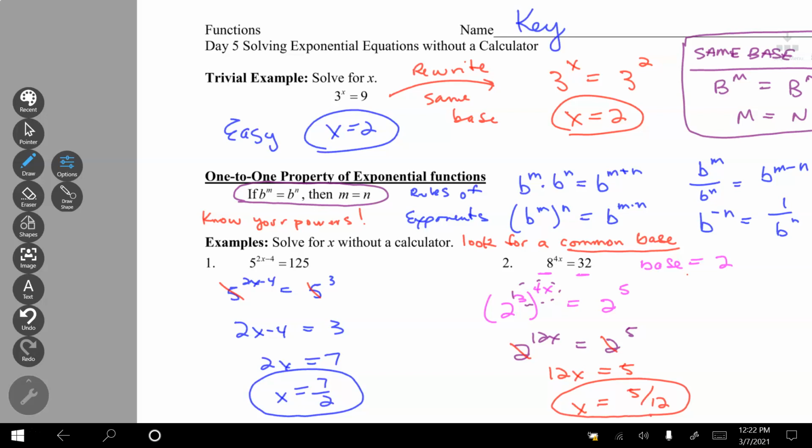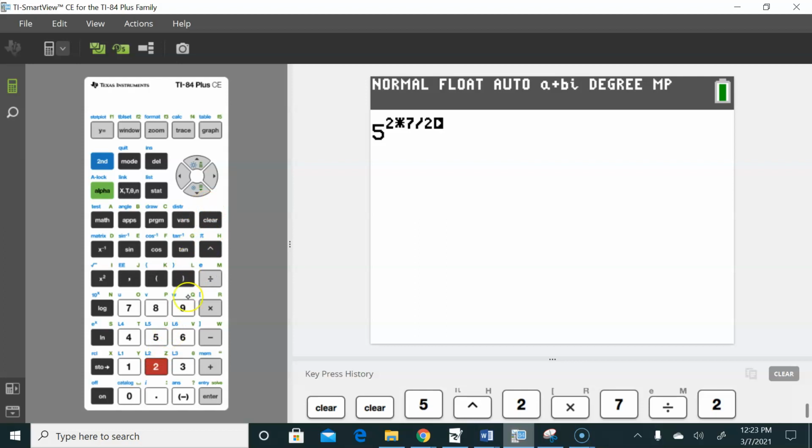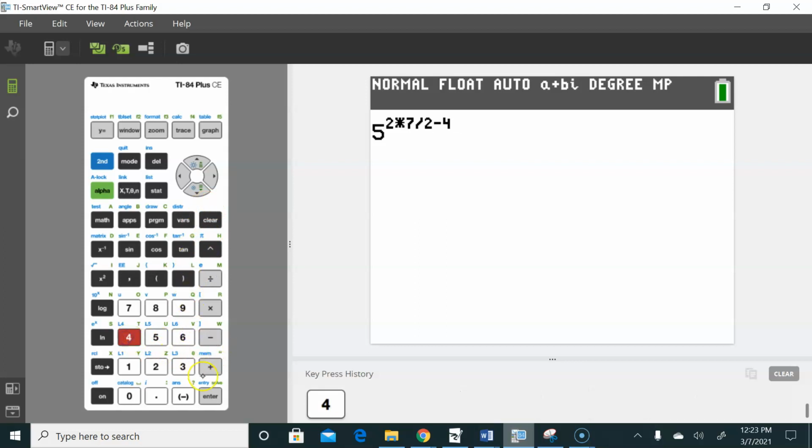So we've done 2 problems here, and I'm going to show you that they should check out on the calculator. Everything should be able to be proved on the calculator. For my first example, my solution was 7 over 2, so I do 5 raised to the 2 times 7 divided by 2 minus 4, and we do get 125.